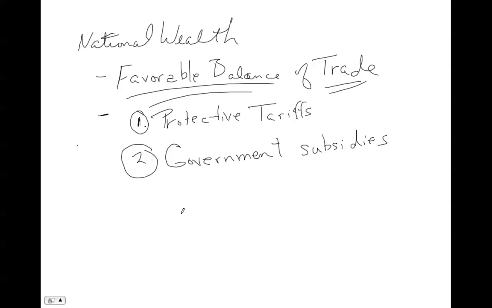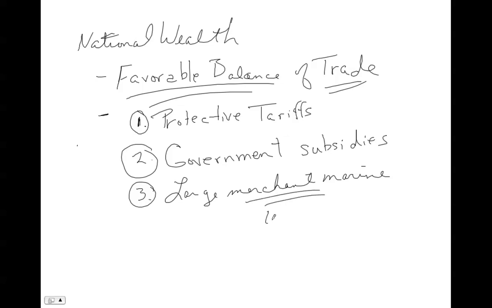A large merchant marine was also important, that could easily be converted into a wartime navy.